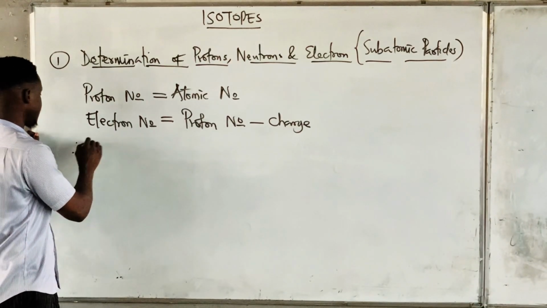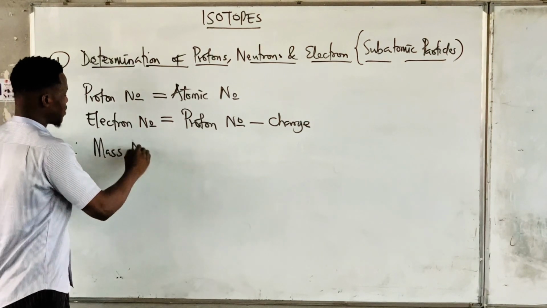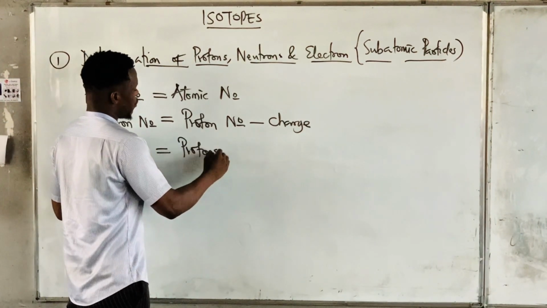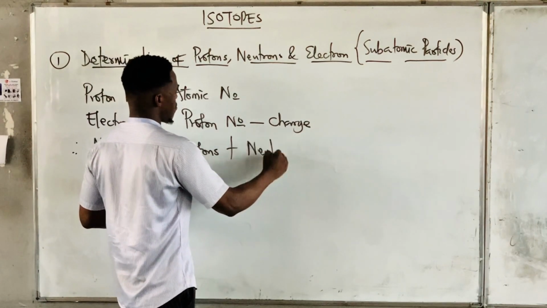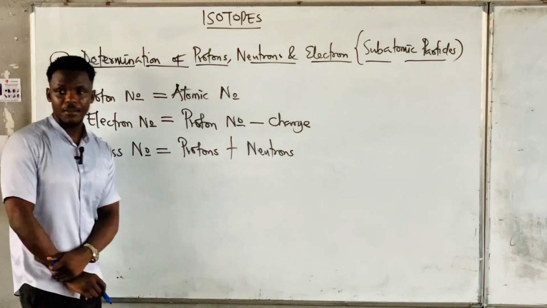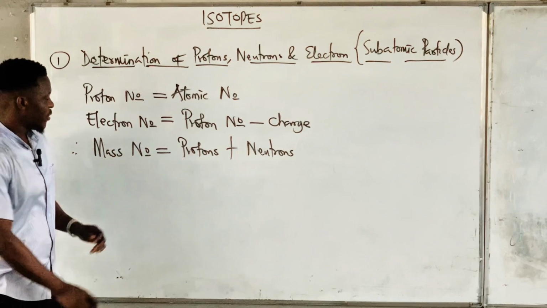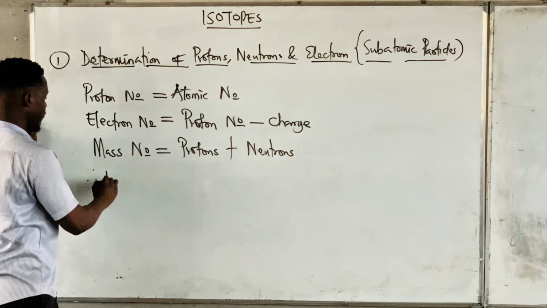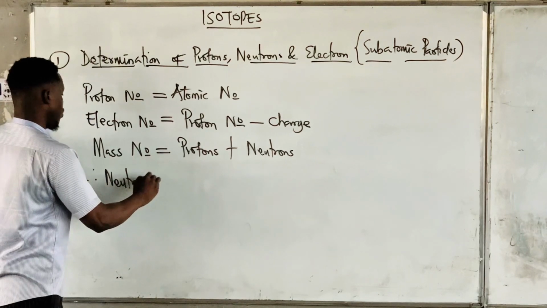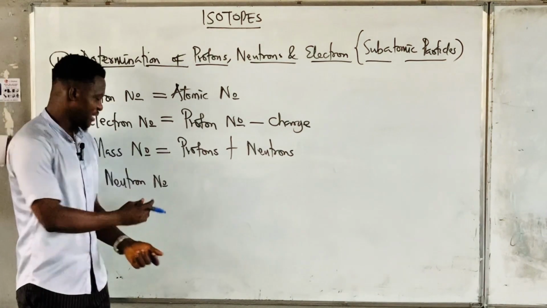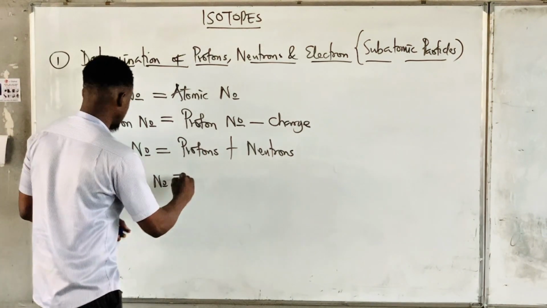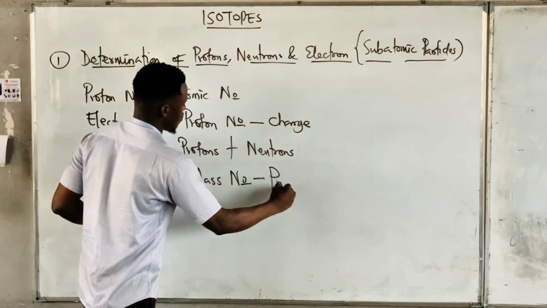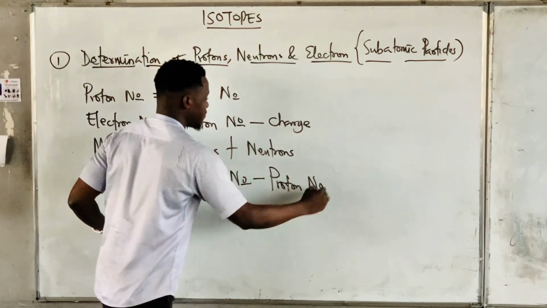Now, how do we solve for neutrons? We have that mass number is equal to protons plus neutrons. If you make this guy subject of the formula, neutrons, which is the same thing as neutron number, is going to be equal to mass number minus proton number.